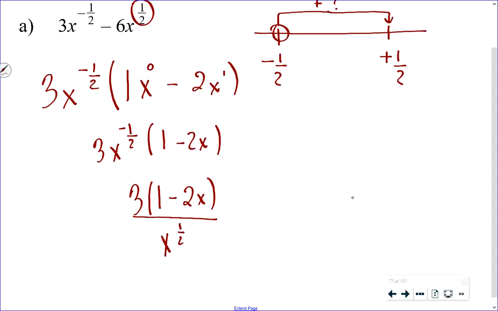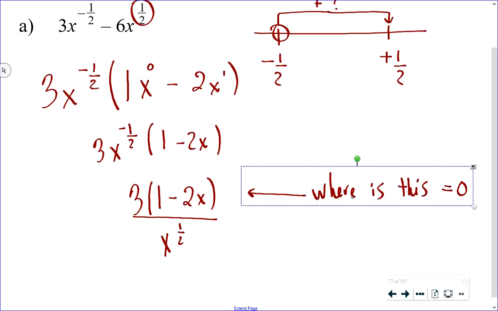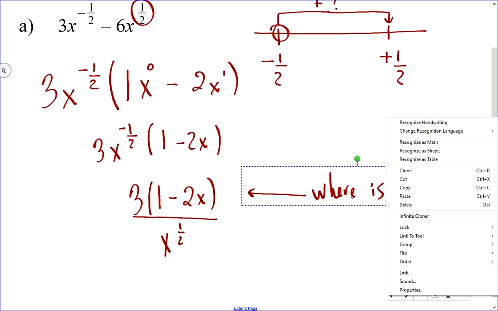And in calculus, we will be interested in, a lot of the time, the answer to these two questions.